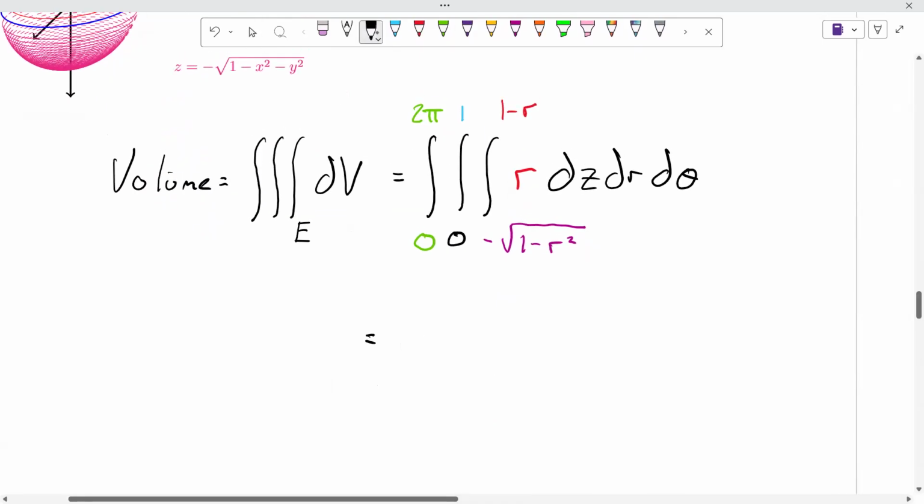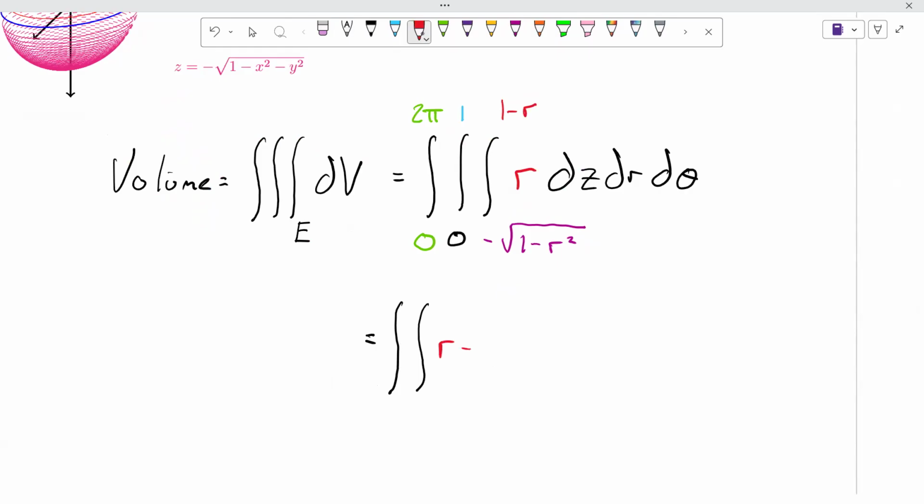So if we integrate dz first, this is going to go to r minus r squared, minus a negative r times the square root of 1 minus r squared, dr d theta.